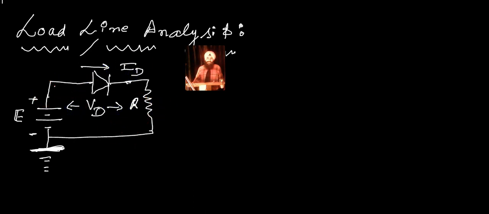Diode current is flowing, so this current also passes through the resistor R. When the current passes through this resistor, then there will be a voltage across the resistor by Ohm's law. The current ID into R, that voltage becomes VR.